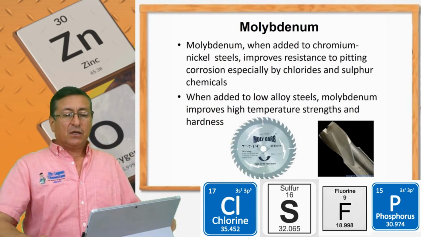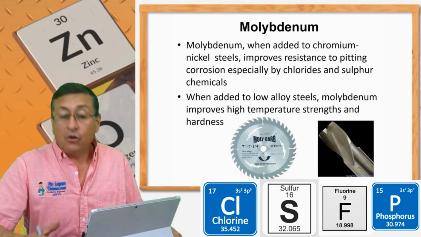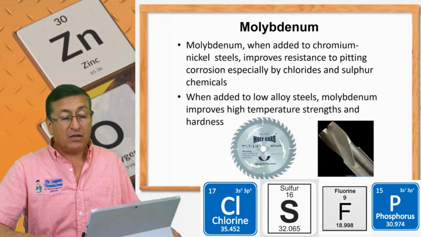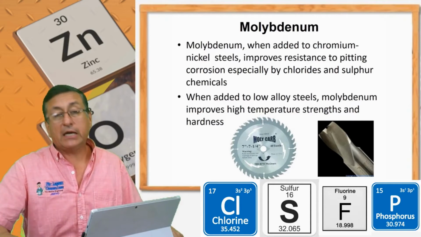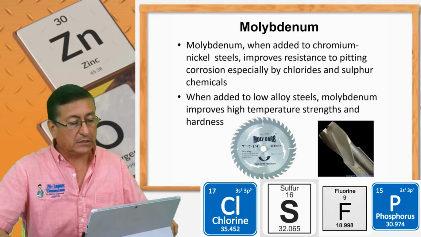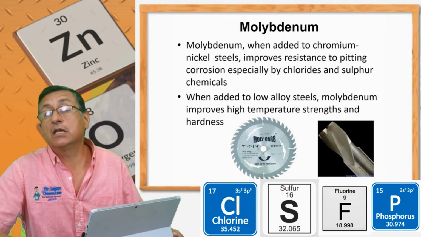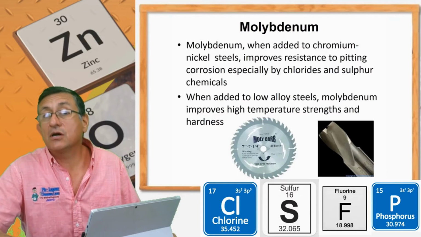All of them. When you add molybdenum to alloy steels, the molybdenum improves the performance in hot work and increases the hardness of the surface. That's used in the fabrication of tools, in the fabrication of blades, cutting tools.